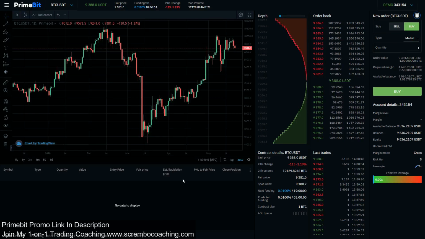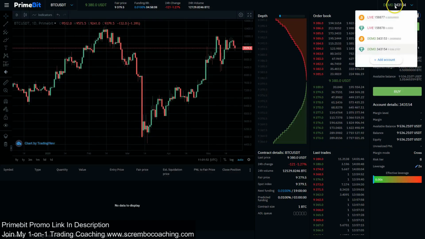Great, so once you sign up and you have logged into your account, on the top right corner, you have 4 types of accounts. We have 2 live accounts that you have to deposit on when you want to get started with real funds. But you also have 2 demo accounts: Bitcoin demo giving you 1 Bitcoin, and the Tether demo giving you $10,000 in Tether.